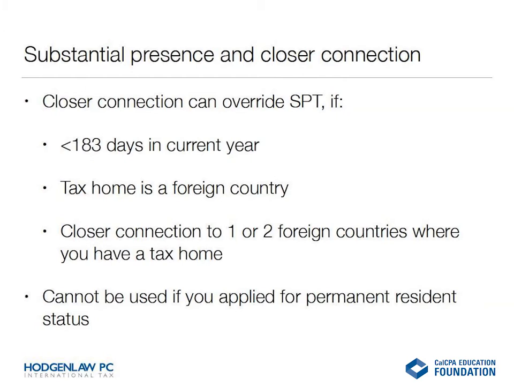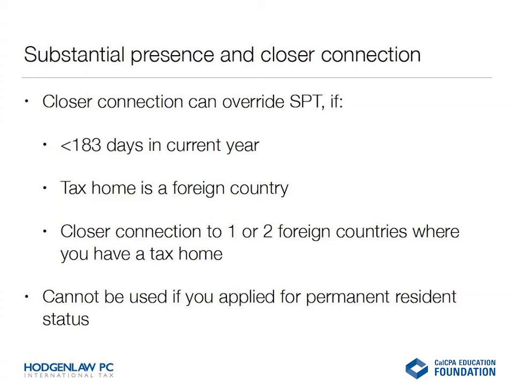So I mentioned before that there might be ways out of the substantial presence test and the green card test. And one of those is by making a closer connection. Basically, this is something that you can use to override the substantial presence test if you meet certain criteria. To use this, you would have to be in the United States less than 183 days in the current year.